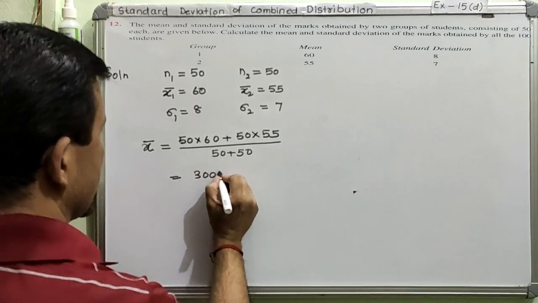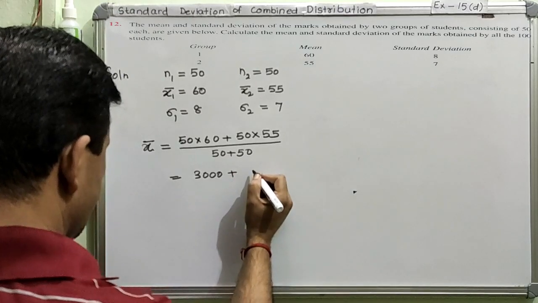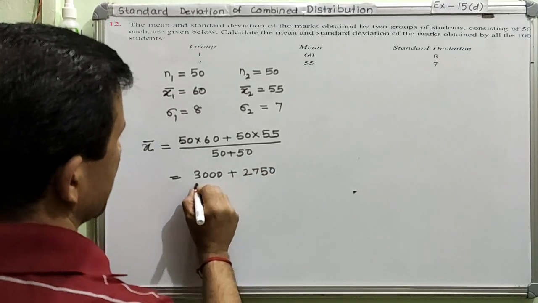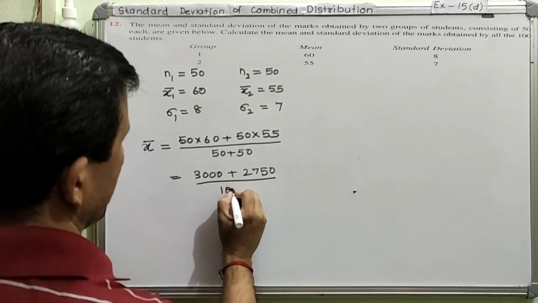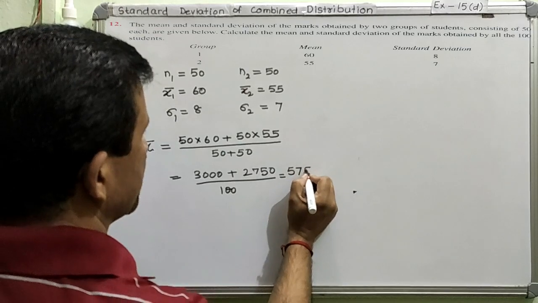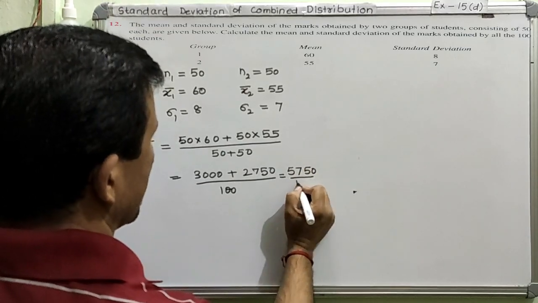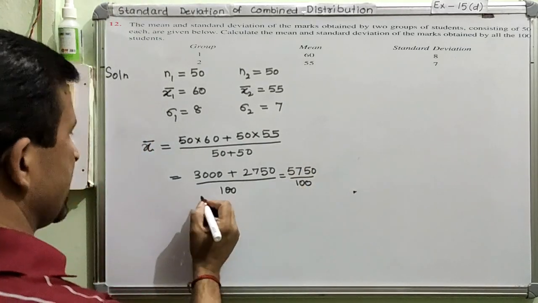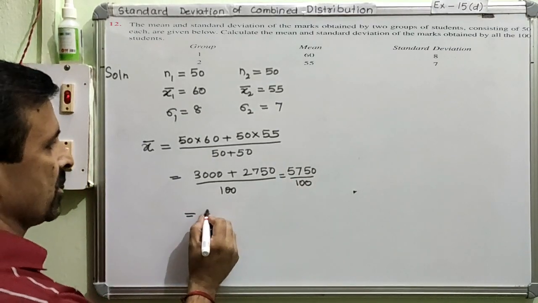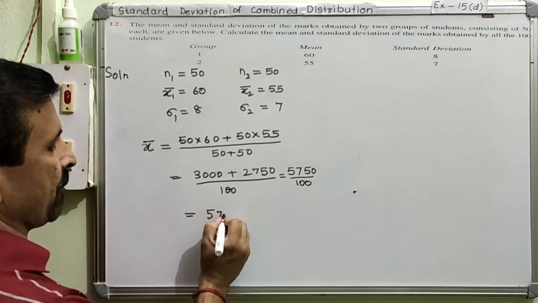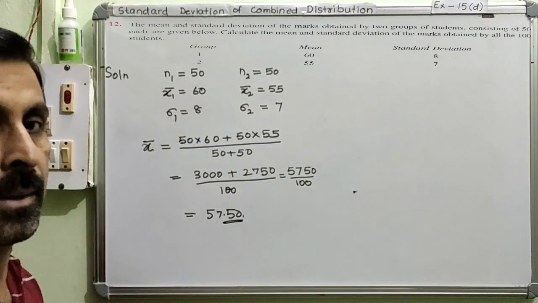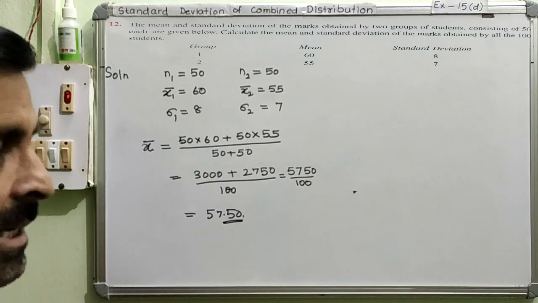This is 3000, and this is 2750, divided by 100, which is equal to 5750 divided by 100. Therefore the mean is coming how much? Very simple, 57.50 is the combined mean. Clear?